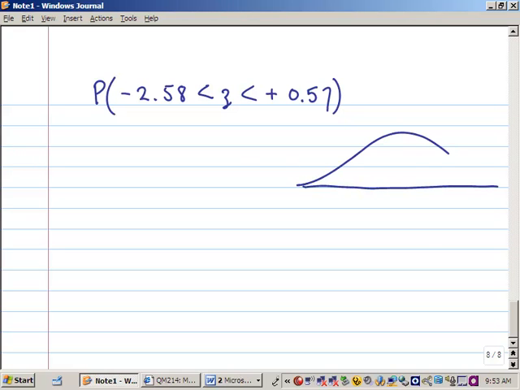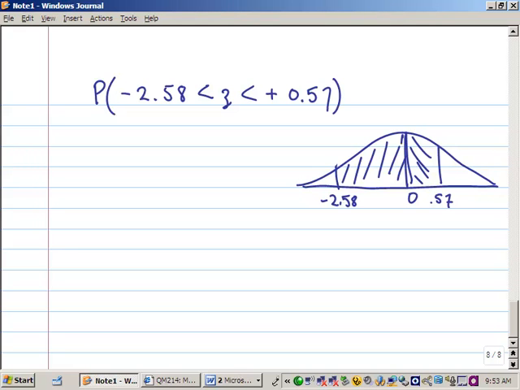Alright, what else? What other type of probabilities could we have? Well, we could straddle the mean. We could go from negative 2.58 to positive 0.57. Again, draw the diagram. You do it for yourself, not for me. It's very useful though to get a handle on the area, not perhaps so much for the standard normal after a while, but for a generic normal, as we'll see later.